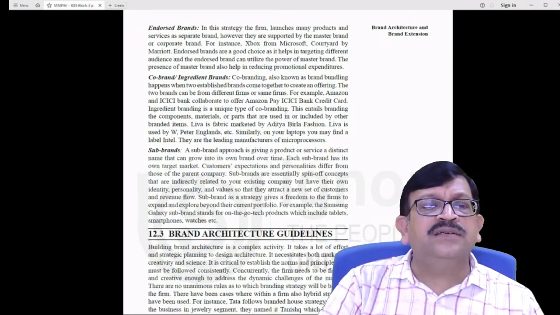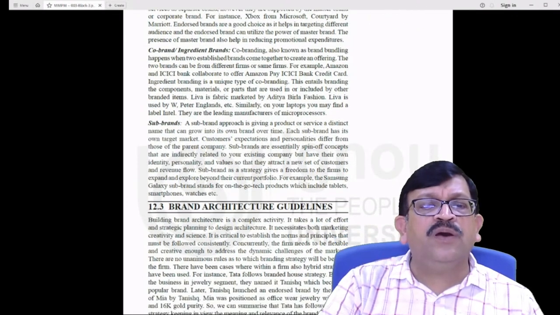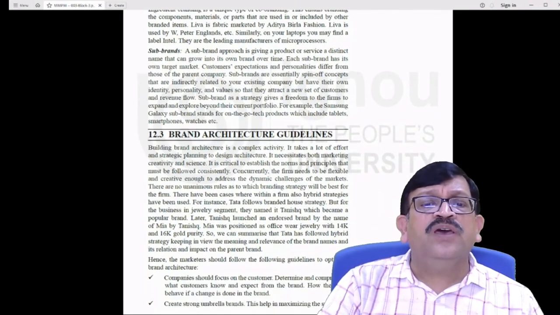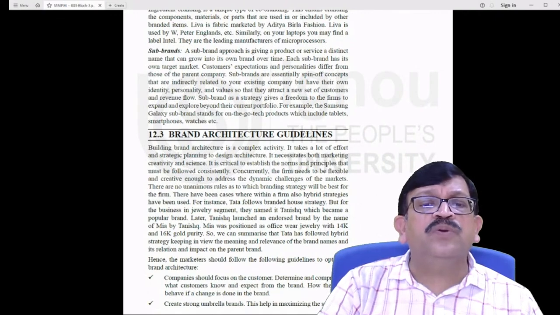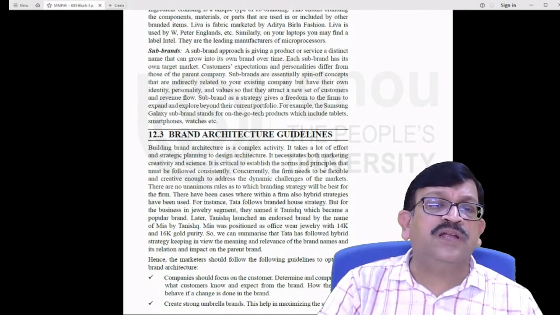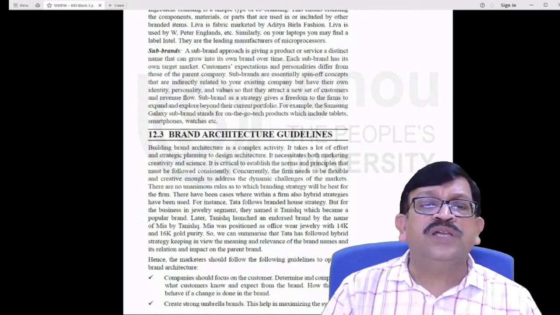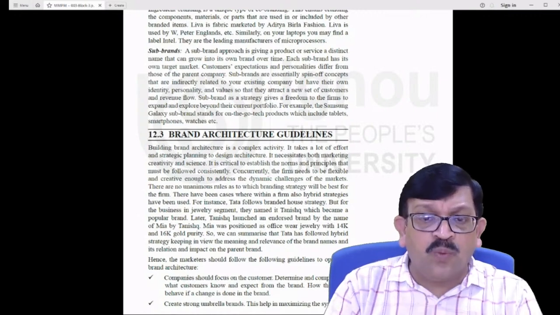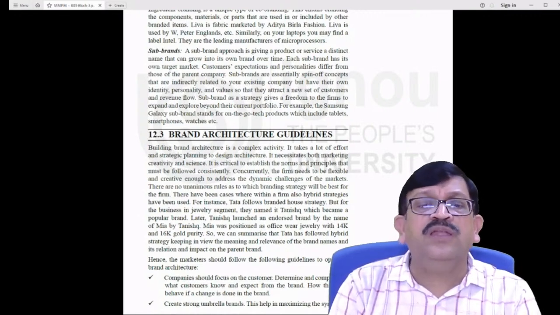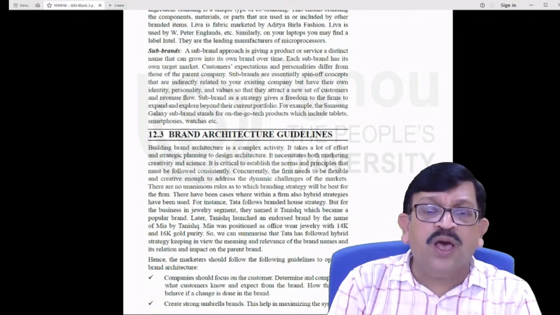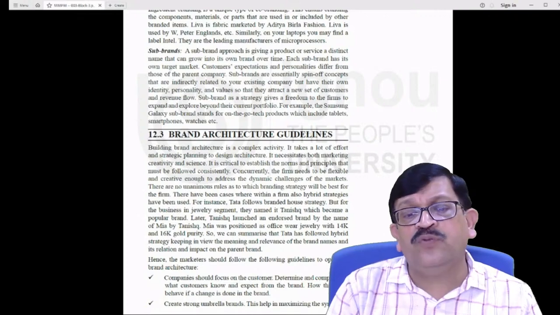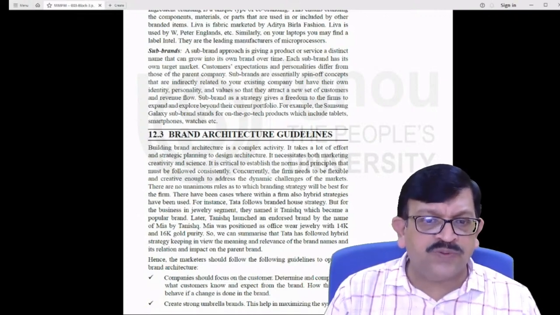Now let's look at the guidelines to build a brand architecture. Of course, as I told you before, it is very important that we look into the norms and principles that consistently help us design the architecture, because it helps us define what kind of brands we want to bring in, what kind of brands we want to hold on to, which brands we want to make strong, and have a very balanced portfolio as we go across.